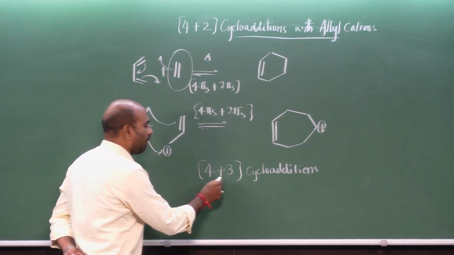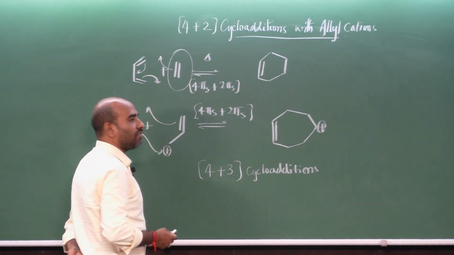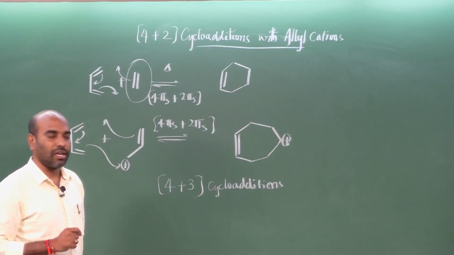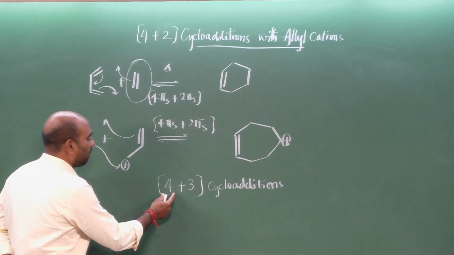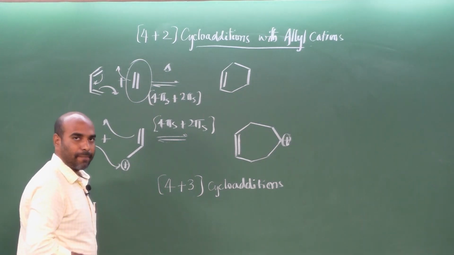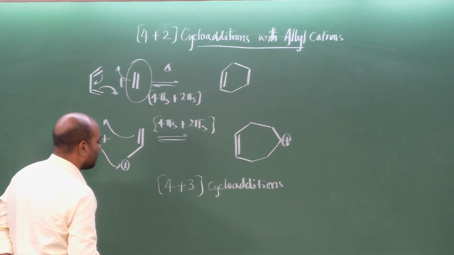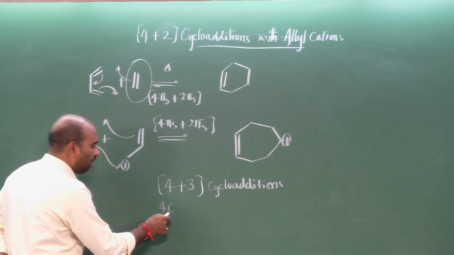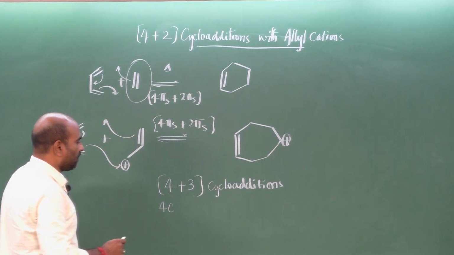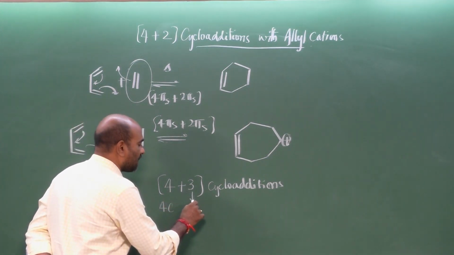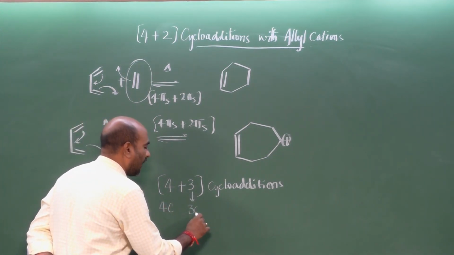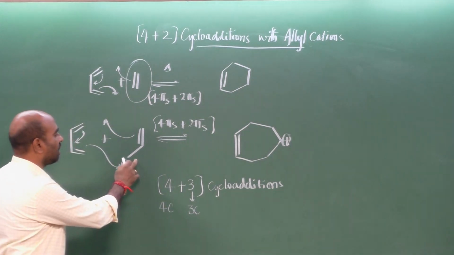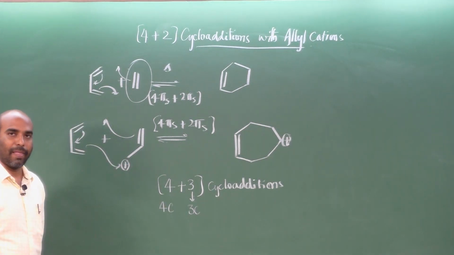This number represents the number of atoms contributed by each individual partner. So this 4 represents the 4 atoms, that is carbons in this case, of the diene, and this 3 represents the 3 atoms, that is carbons, of the dienophile, right.